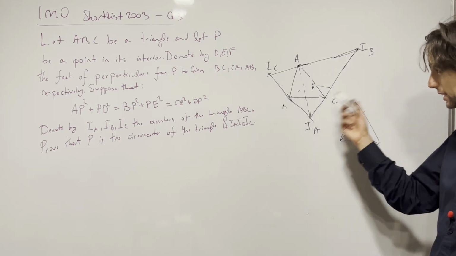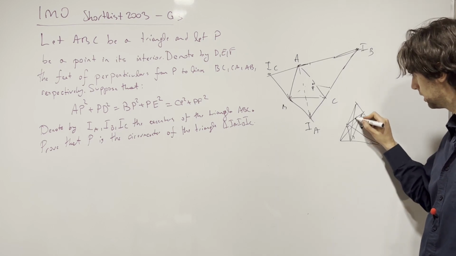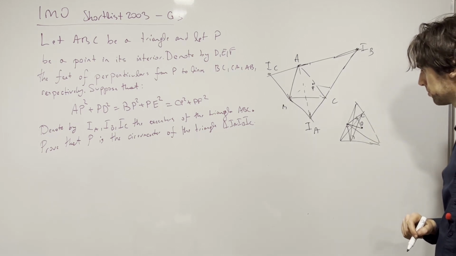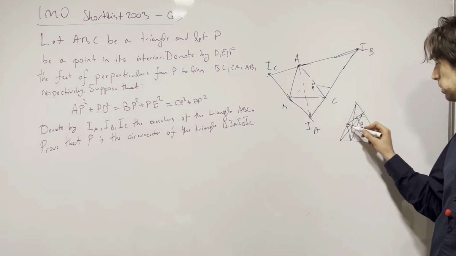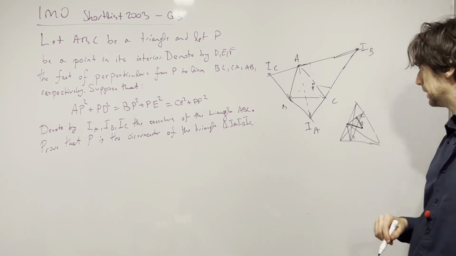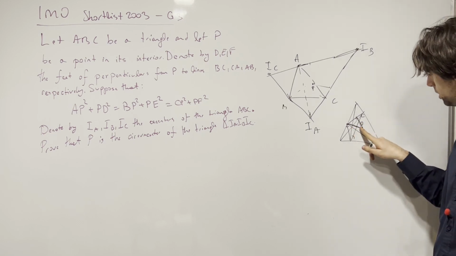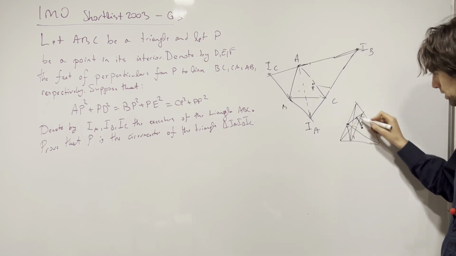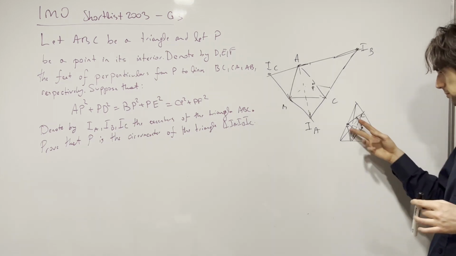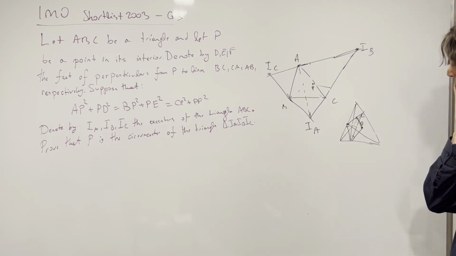And what this is really saying is, if I put down a foot of perpendicular here, then this squared plus this squared is going to be constant among the different feet of perpendiculars I put.